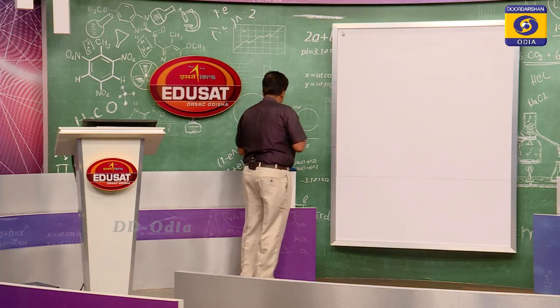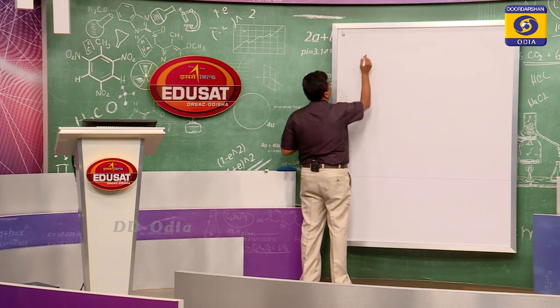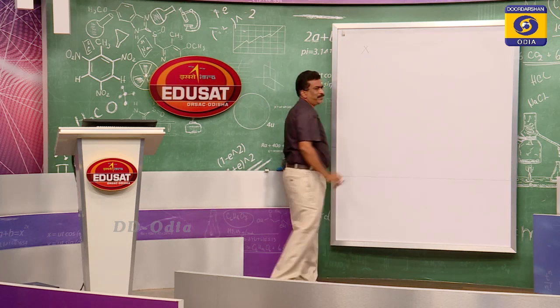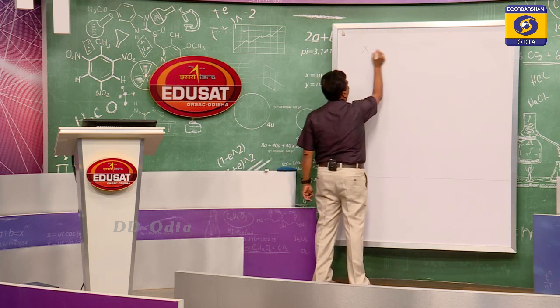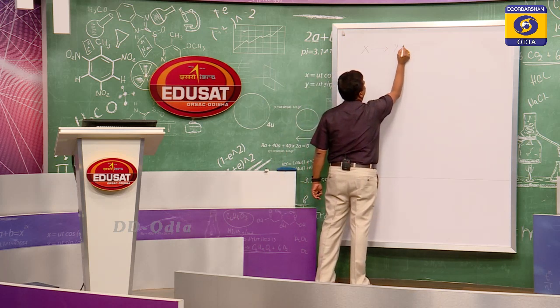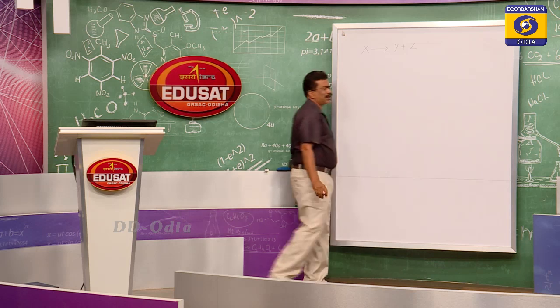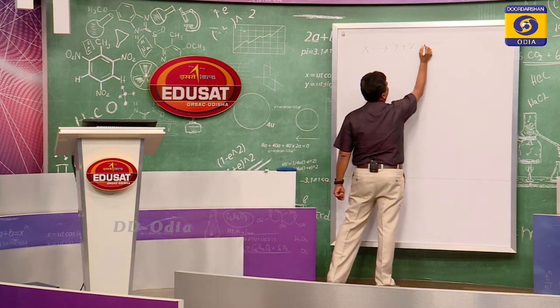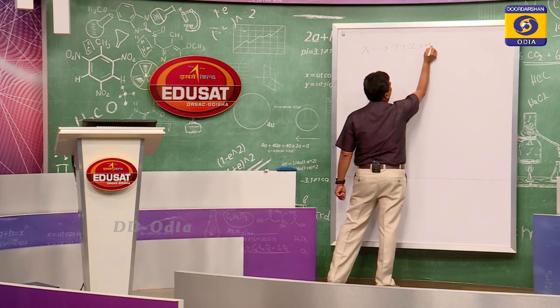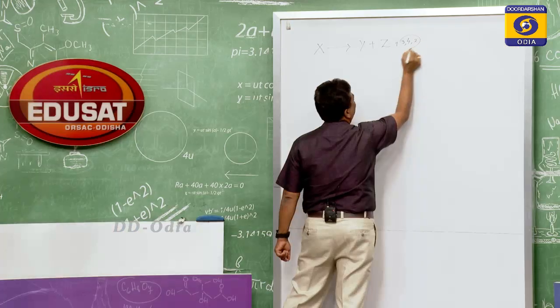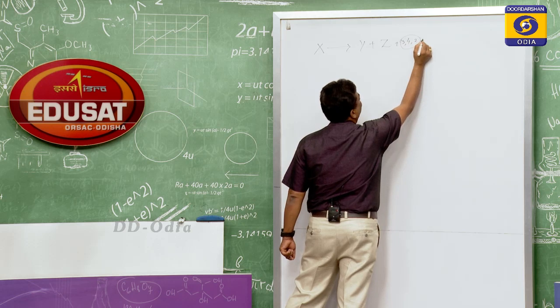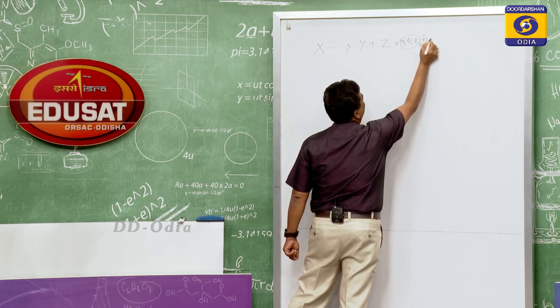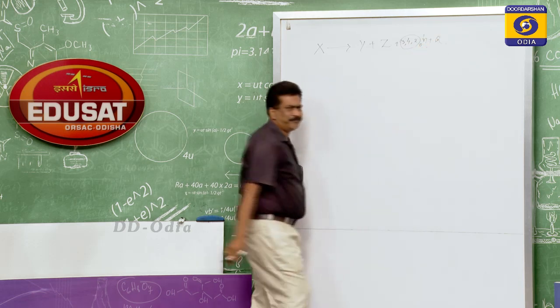So, if a heavy element X divides into two parts, Y and Z, with the liberation of 2, 3 or 4 neutrons and some energy.